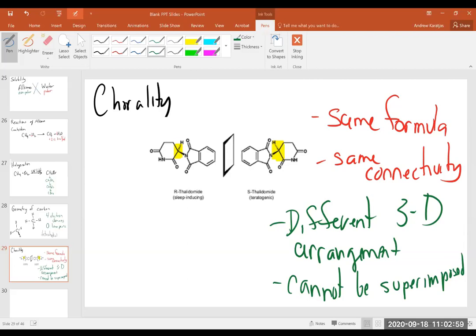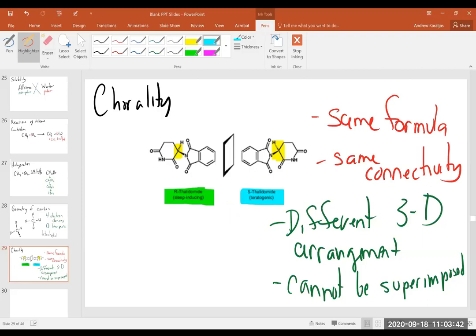Now, in the case of thalidomide, what did that mean? Well, thalidomide is a drug that was prescribed quite a while ago. I want to say that in the 1950s, 1960s, as a cure for morning sickness. Now, it turns out the molecule on the left works, and works very well. But if you take the compound on the right, it turns out it's a pretty severe teratogen, or causes severe birth defects.